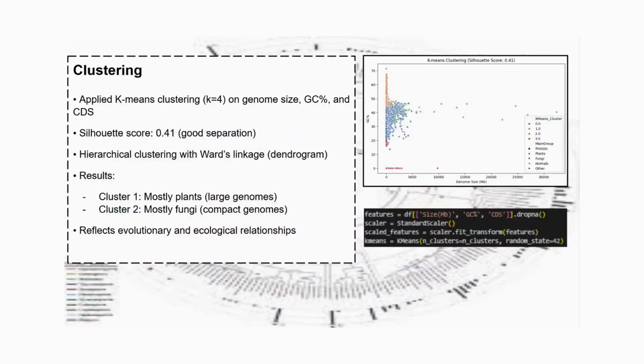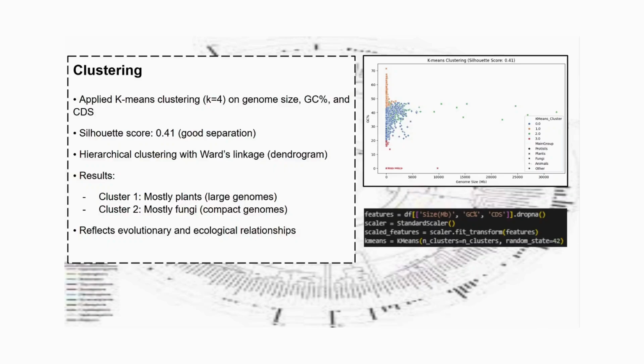Moving on to the next slide, we can see that we have done clustering in our model. We applied k-means clustering to group organisms based on genome size, GC percentage, and CDS. We used K equals 4 clusters, and the silhouette score was around 0.41, indicating a good separation.